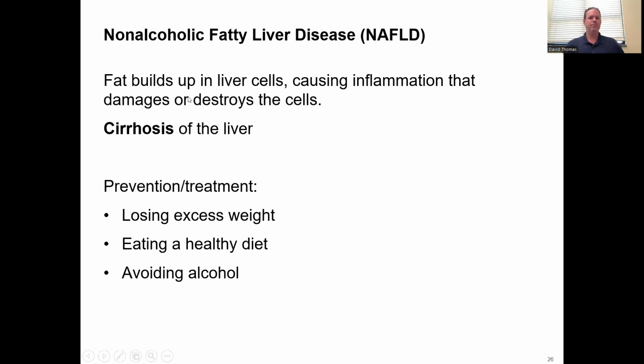It says here that fat builds up in the cells of our liver, hepatocytes. Once that happens, it causes an inflammatory response that can damage and perhaps even destroy liver cells. That causes cirrhosis, a scarring of the liver tissue, which means those liver cells are not going to function like they would normally.